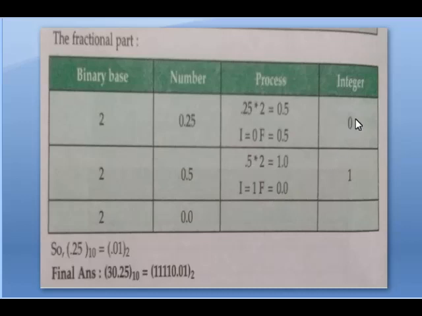So the integer part of 30 we got 1, 1, 1, 1, 0 point. For the fractional part we got 0, 1. 0.01 base 2.